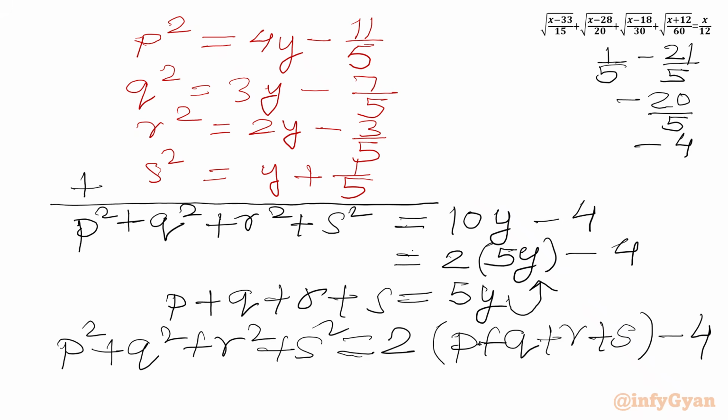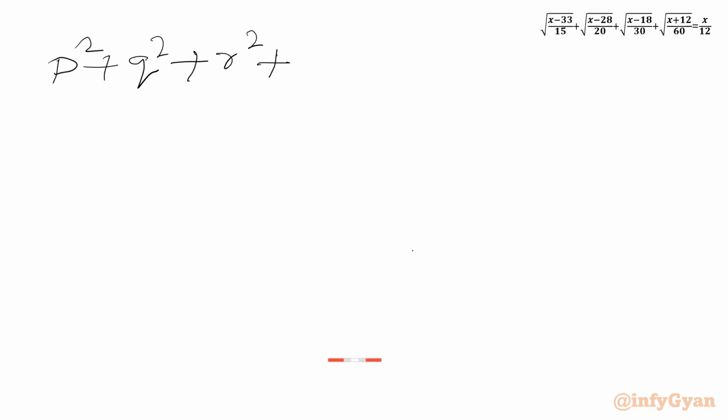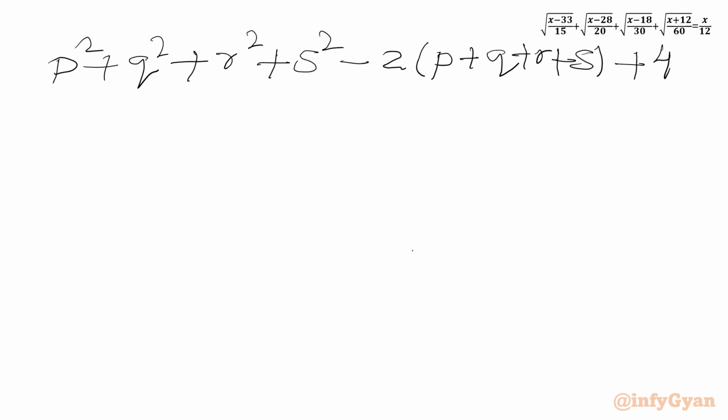Now we will write all the terms on the LHS. So I will write here p square plus q square plus r square plus s square minus 2 times p plus q plus r plus s plus 4 equal to 0.